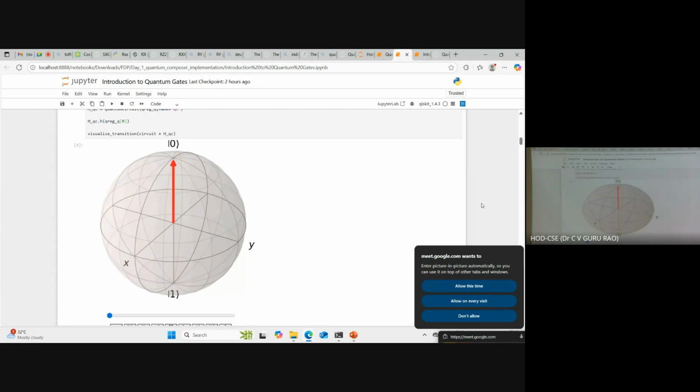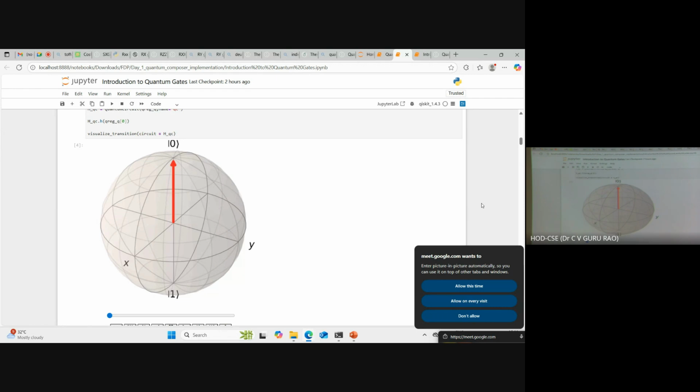Now there is one other thing. The x direction here we represent as the plus state. So here is the plus state and somewhere around here is the minus state, and this is coming with the i|0> and i|1> states. That we have to keep in mind.